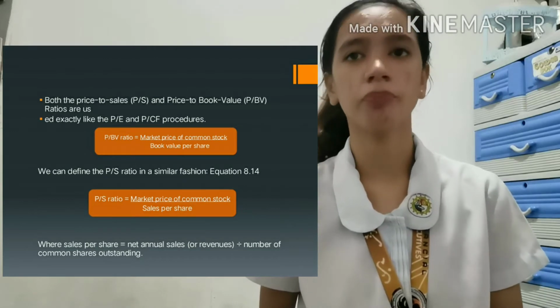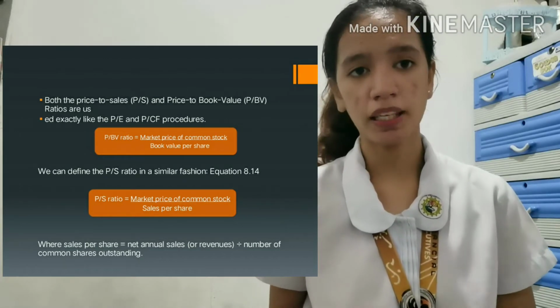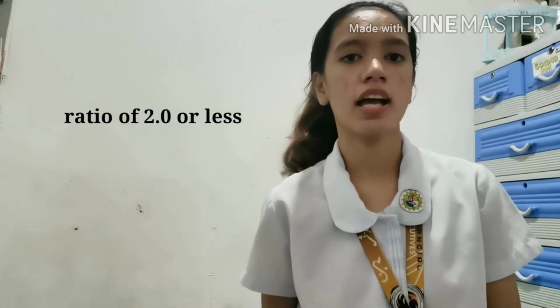Generally speaking, the lower the price to sales ratio, the better. In fact, many investors look for stocks with price to sales ratio of 2 or less, as these securities are felt to offer the most potential for future price appreciation.